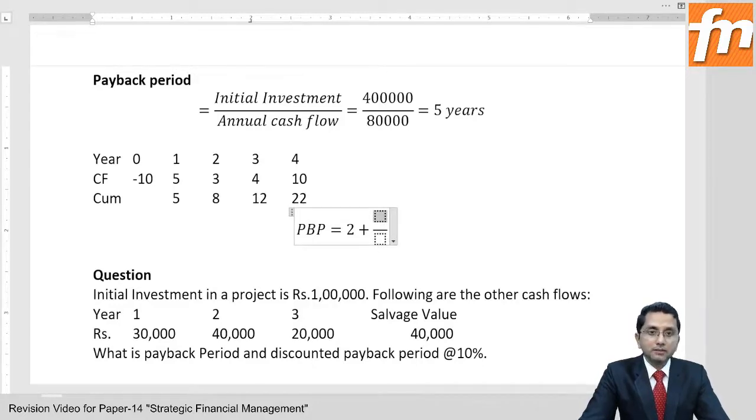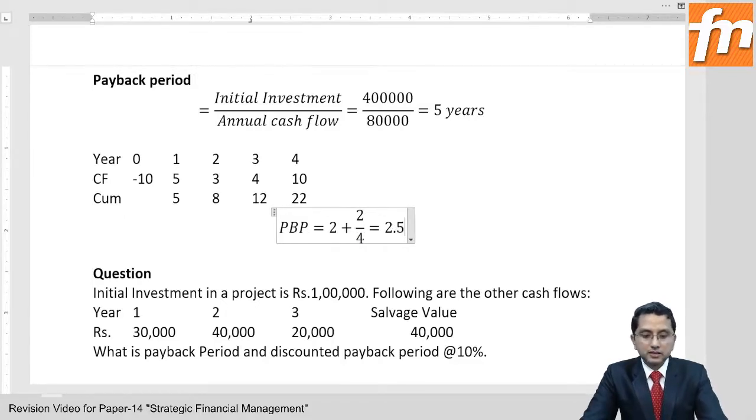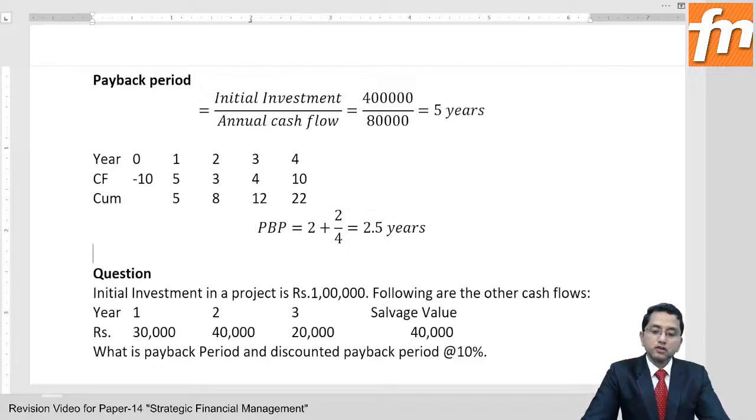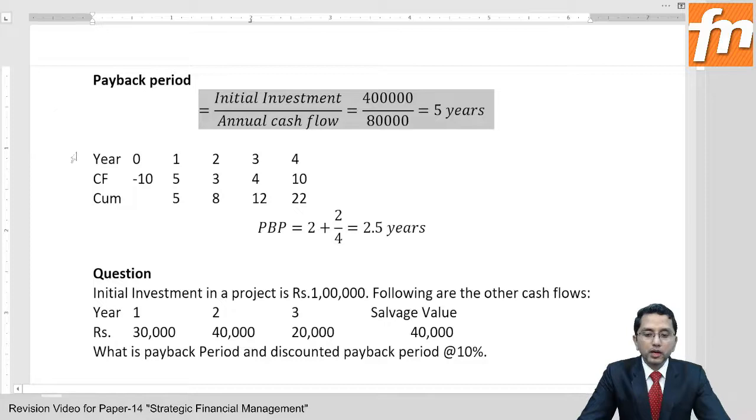I want to recover 2 lakh more, I am earning 4 lakh more. So that is 2.5 years. Right? For equal cash flow, you do it like this. For unequal cash flow, you do it like this.